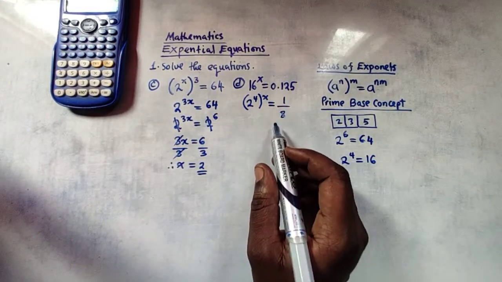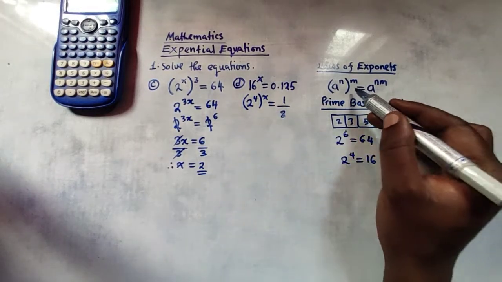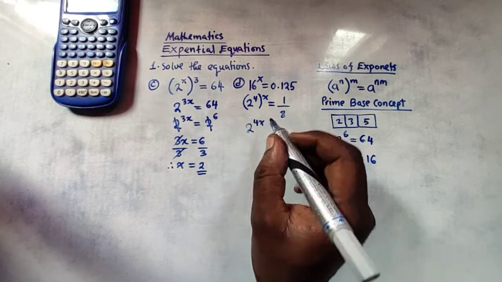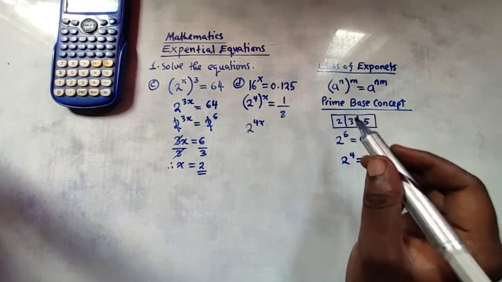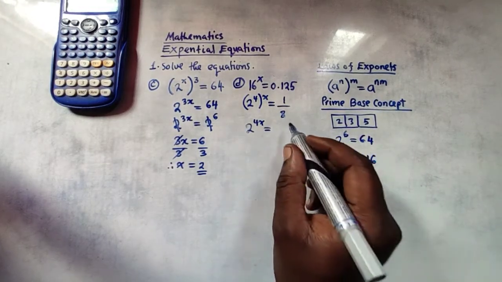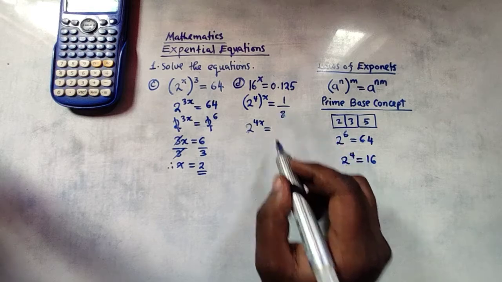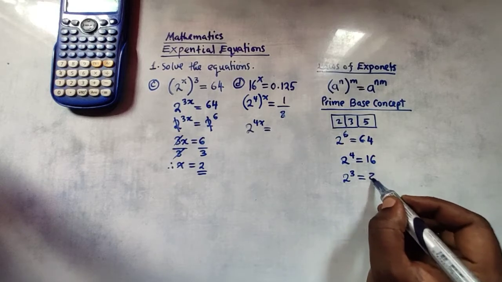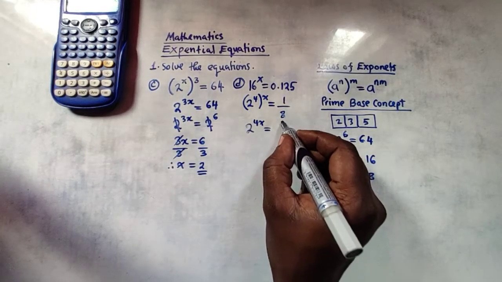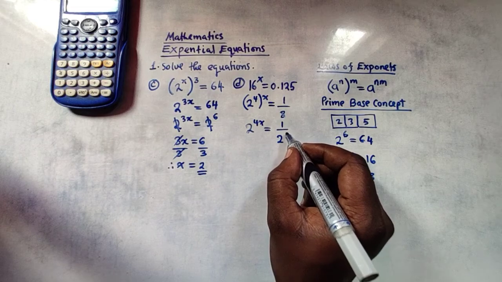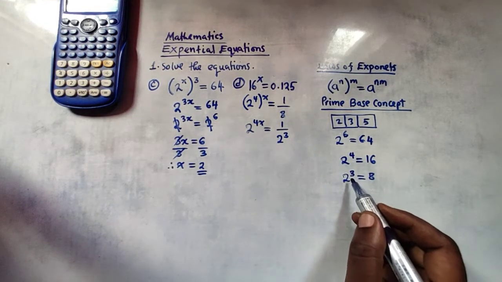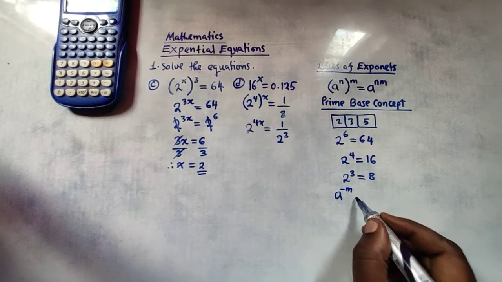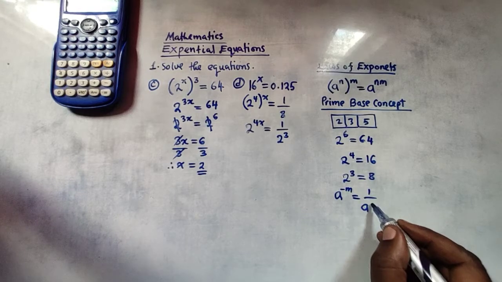Using the law on the left hand side, I can say 2 raised to the power 4x, simply multiplying the powers. Also, I can express 8 in prime base form as 2 raised to the power 3, so I can express the right side as 1 over 2^3. Then there's a law that a raised to the power negative m is equal to 1 over a raised to the power m.